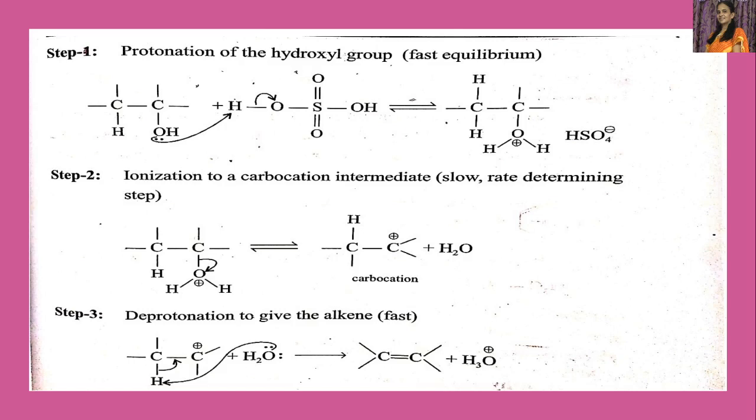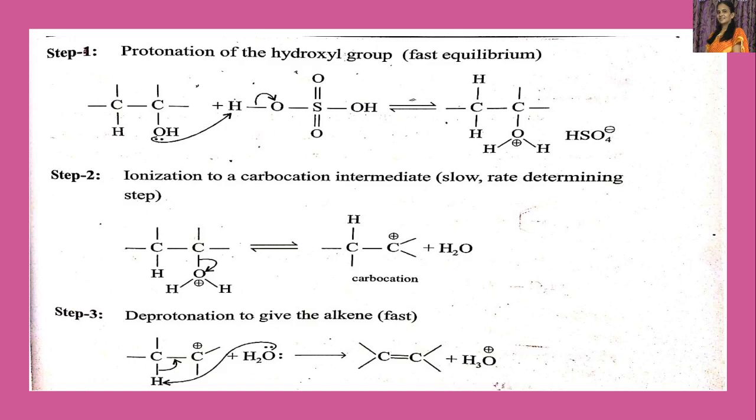Ionization to a carbocation intermediate. This compound ionizes to form a carbocation by the loss of a water molecule. This is the slow step and rate determining step. In the rate determining step, only one molecule is participating. Because of that reason, it is a unimolecular mechanism.